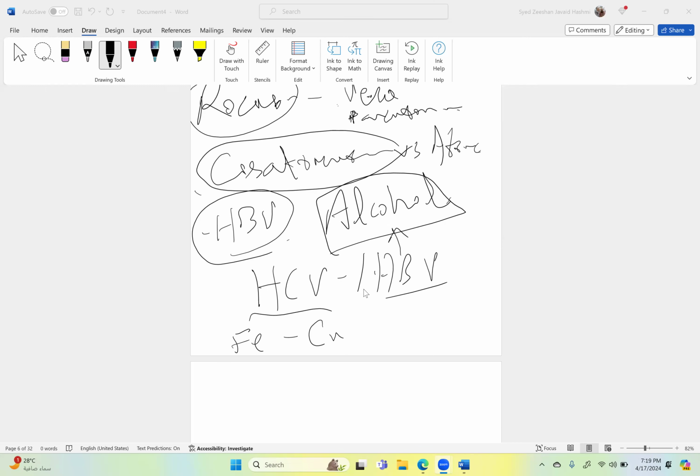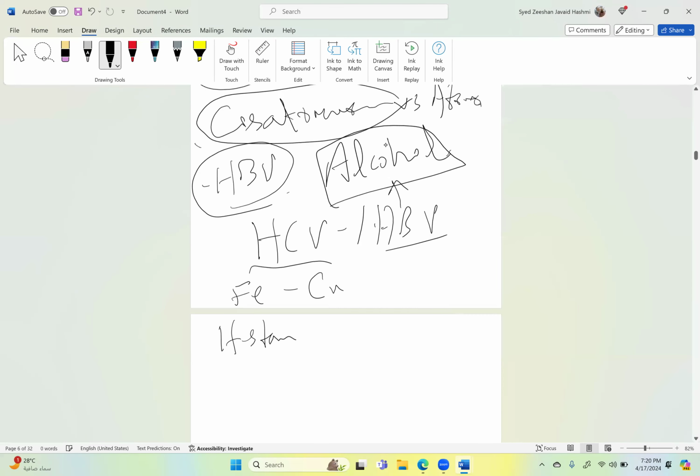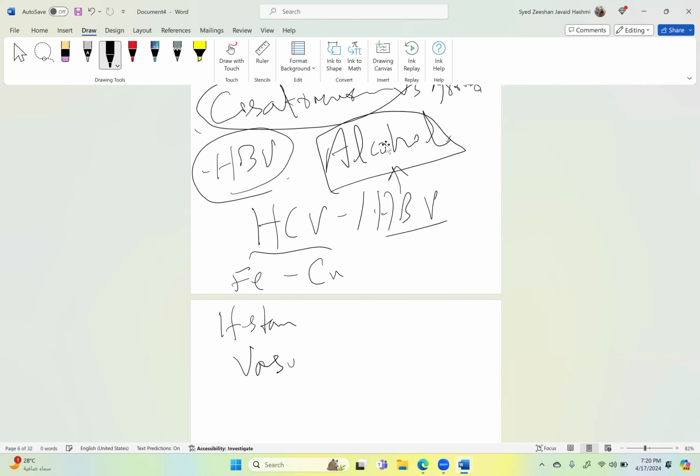So, another question: why cisatracurium? Because cisatracurium does not release histamine, and these patients are a number of times vasodilated.